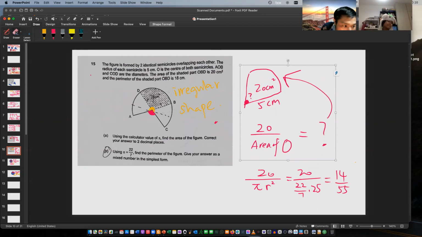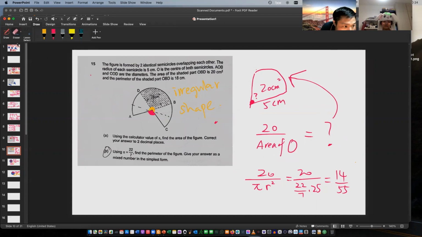Let me continue to write down the fraction. I need to use the eraser. I need to erase this. So the answer is 14 over 55. So if this pizza slice is 14 over 55 of the entire circle, that means this angle here is also 14 over 55 of 360 degrees.